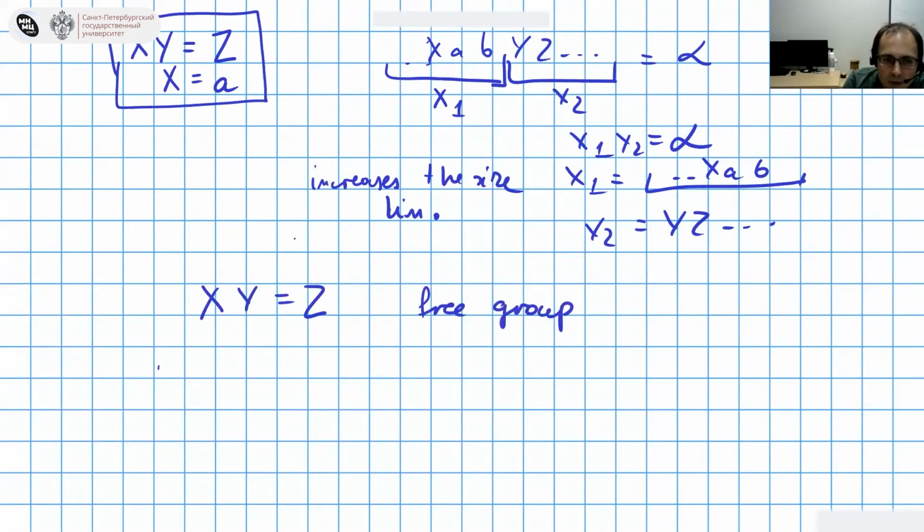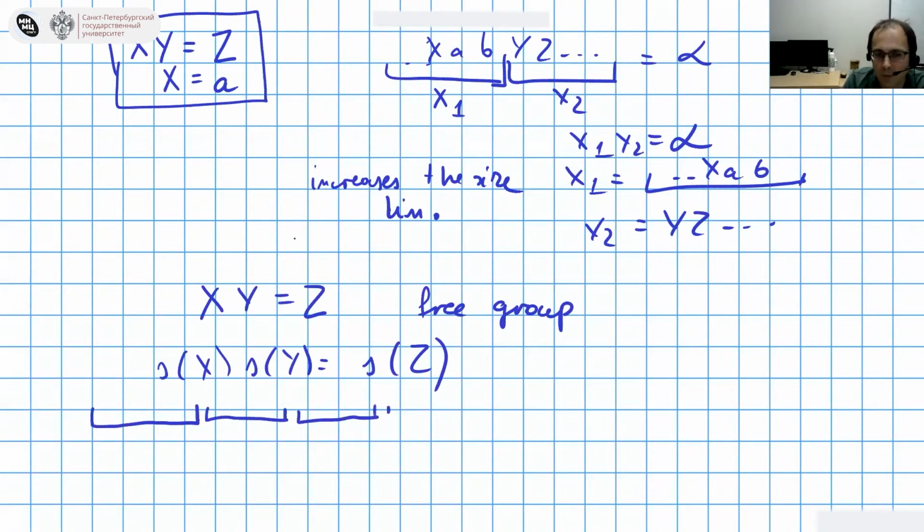So if we look at the substitutions S(x) S(y) equals S(z), then what happens is that there is a prefix of S(x), a suffix of S(x), a prefix of S(y), a suffix, and those two cancel out. So there's a maximal suffix of x such that it cancels with the prefix of y, and otherwise z is equal to those two parts.